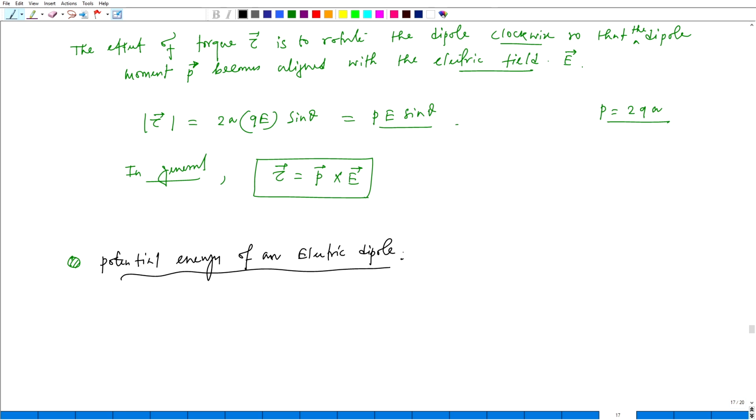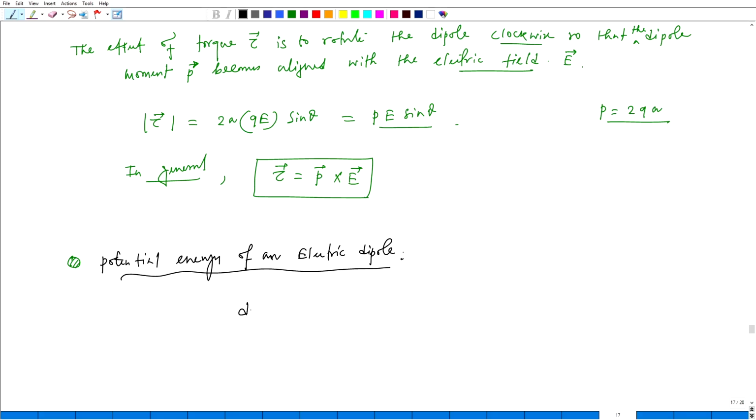First we calculate the work done to rotate the dipole by a small angle d theta. The corresponding work done is dW equals minus tau d theta. This is the work done by the electric field to rotate the dipole by an angle theta.